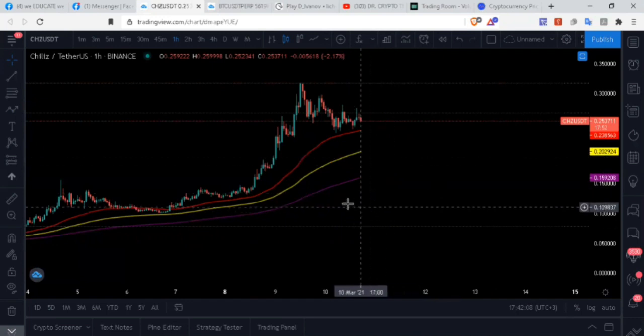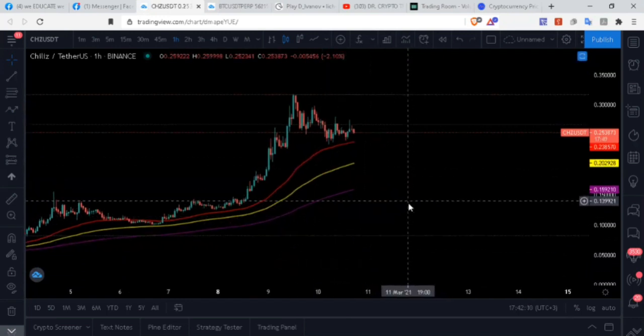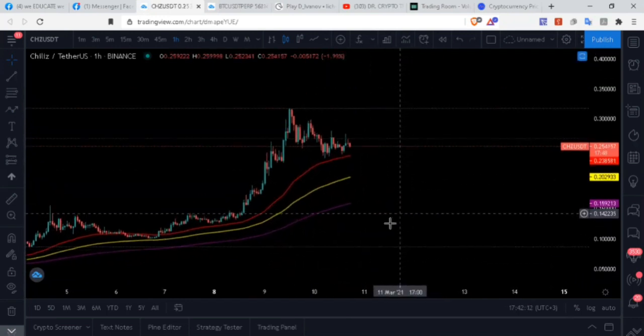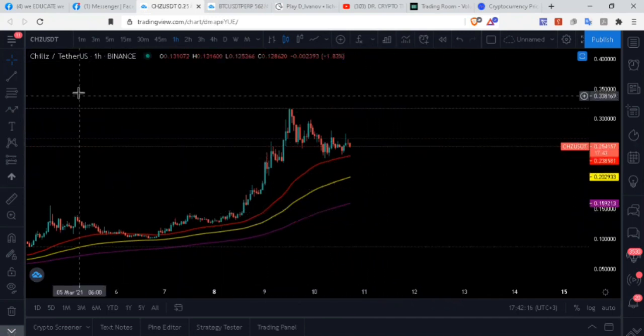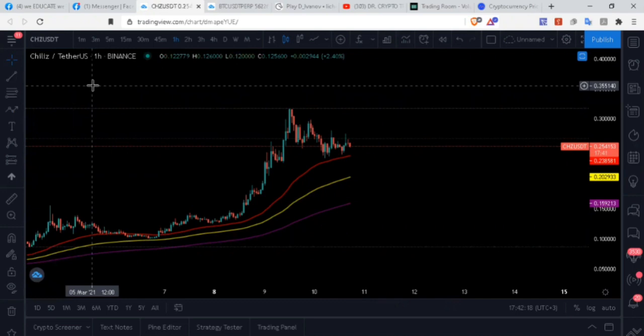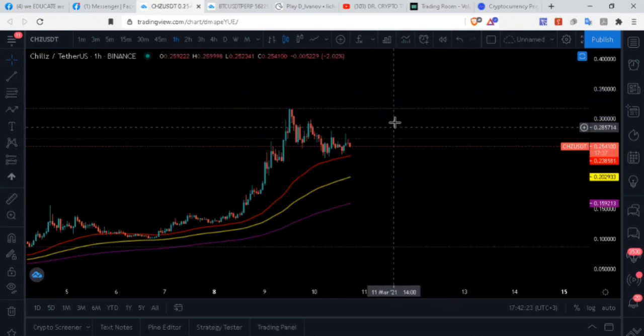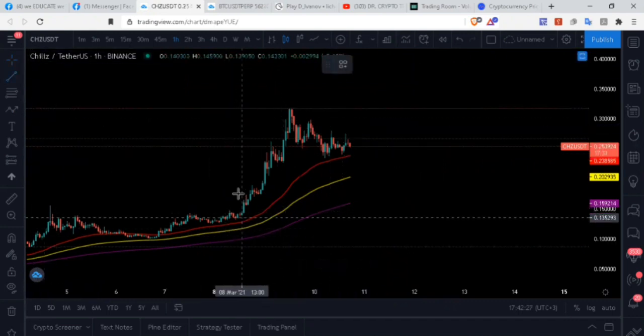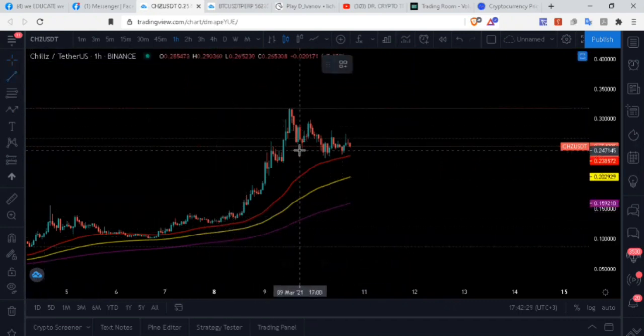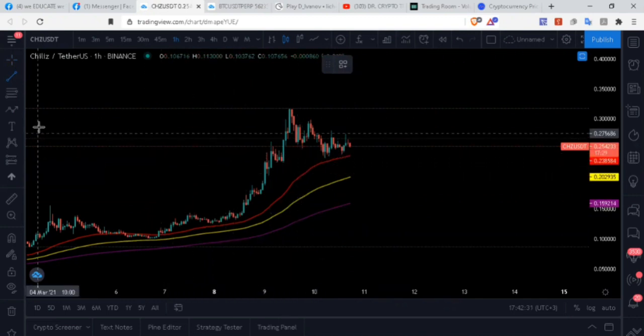Okay, now from here we know the coin is trending, and we will apply trending strategies. It would be ironic if we applied a ranging strategy in a trending market, so we will apply the trending strategies. We will now plot our support and resistance.